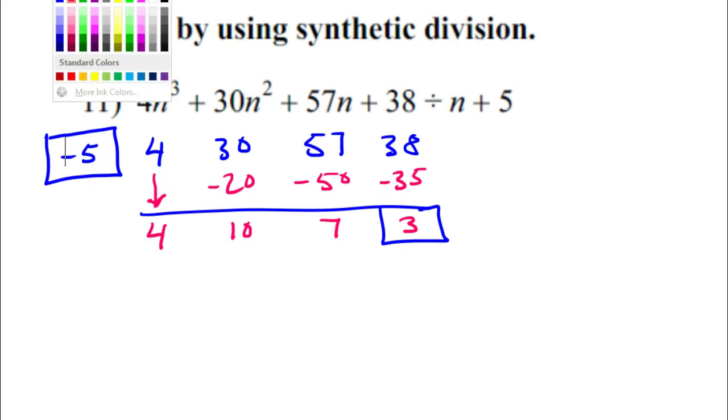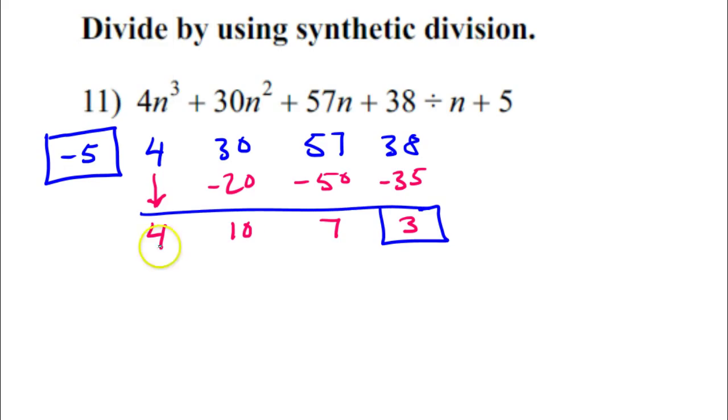Now if I put the variables back in, start from right here. This is going to be the constant term, the linear term, and the quadratic term. So this will be just a number, and then this will be x, and this will be x squared. So that means this will be 4x squared plus 10x plus 7.